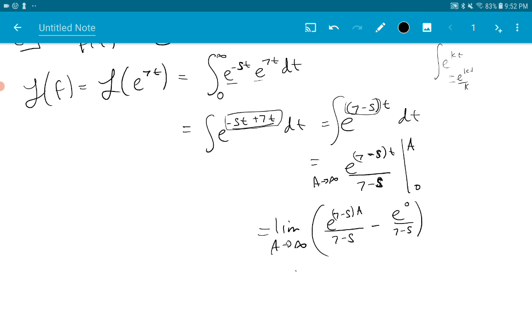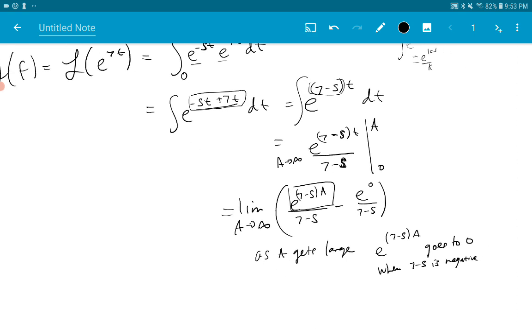As a goes to infinity, as a gets large, when does this expression converge? It only converges to 0 when 7 minus s is negative. So e to the 7 minus s times a goes to 0 when 7 minus s is negative. Because if it's not negative, then the whole thing actually blows up and diverges. You need a negative exponent for that to go to 0.